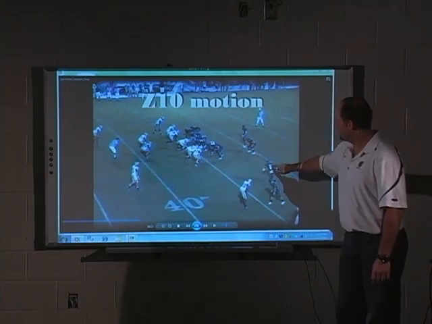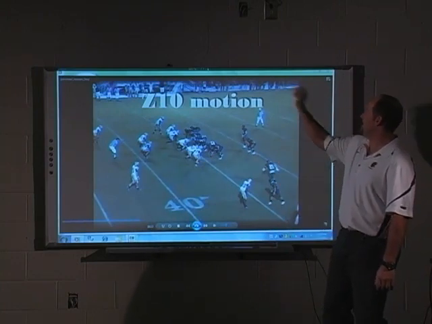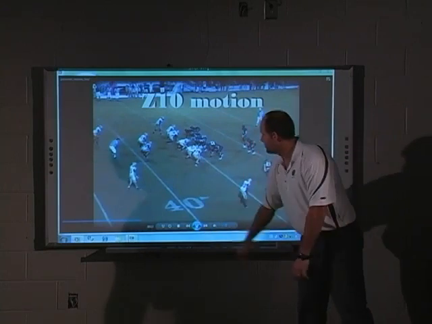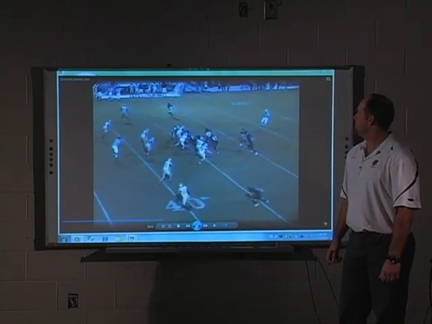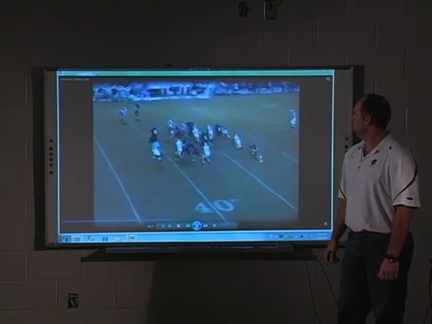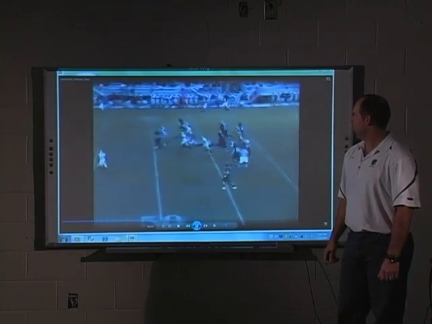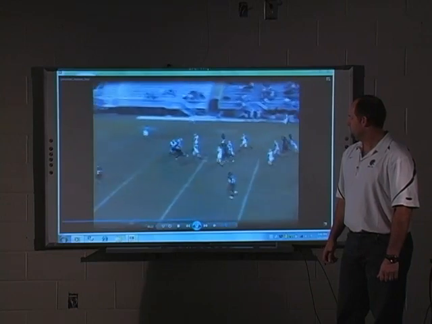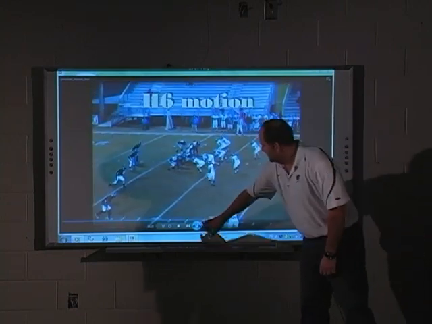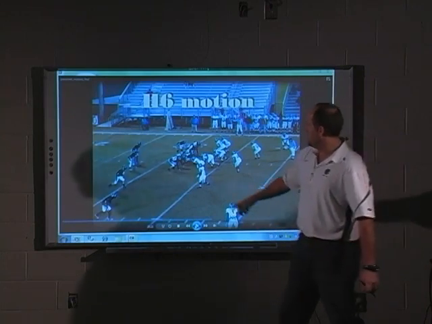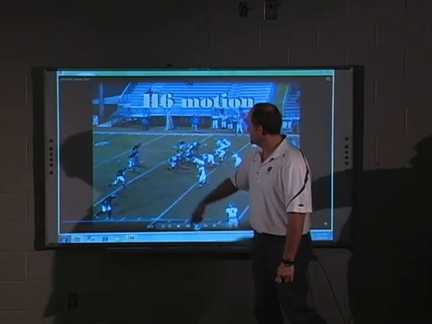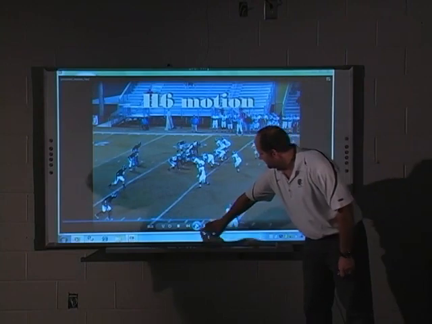So now my Z, who's located right here, is going to motion again out to the 10 spot and run a play off of that as well. We are now going to run an H motion. We're going to tell H to run to a 6.